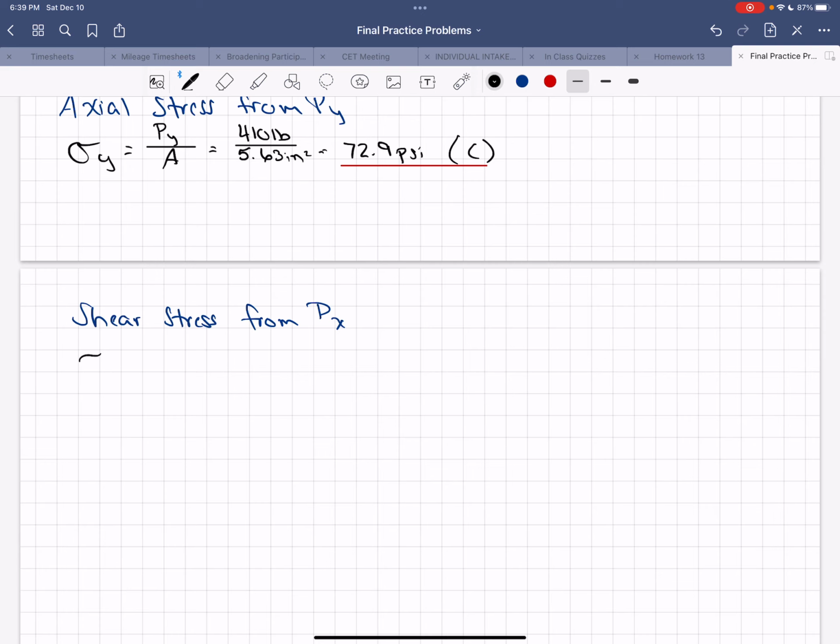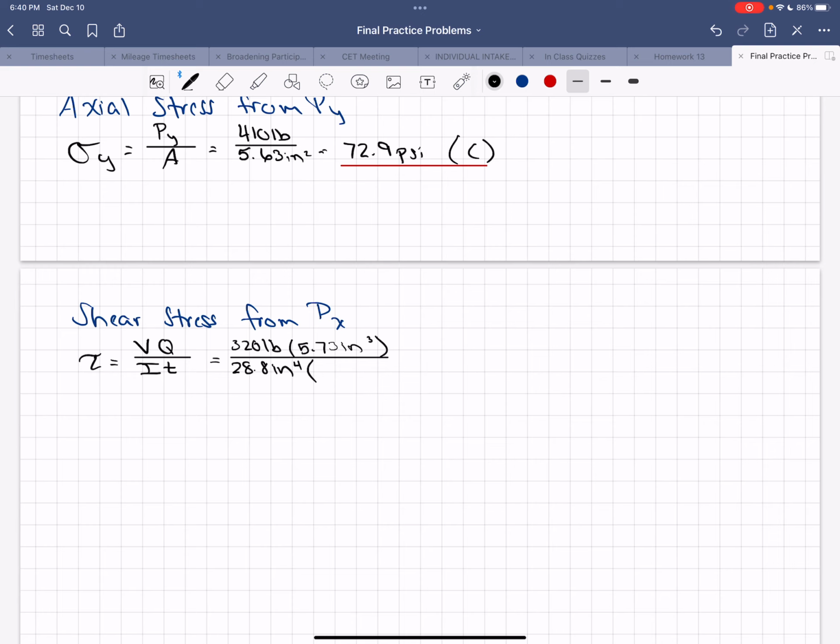So this would be a bending stress, so tau equals the shear force times Q all over I times T. T is the big diameter minus the little diameter. The PX force is 320 pounds. Q is 5.73 inches cubed, all over I, which was 28.8 inches to the fourth.